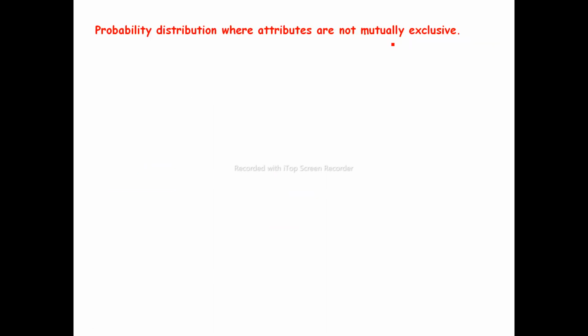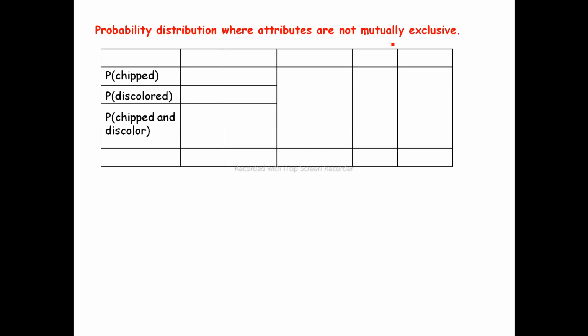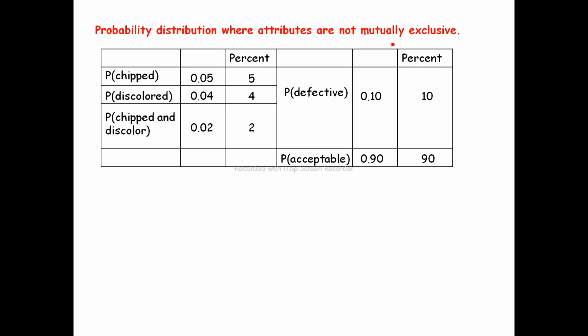So you can make a tabular column like this: chipped, discolored, chipped and discolored. So when you take the percentage, 5% are only chipped, 4% are only discolored, and 2% are chipped as well as discolored. Now the probability for defective and acceptable in terms of percentage: 10% of tablets are defective and 90% of tablets are acceptable.